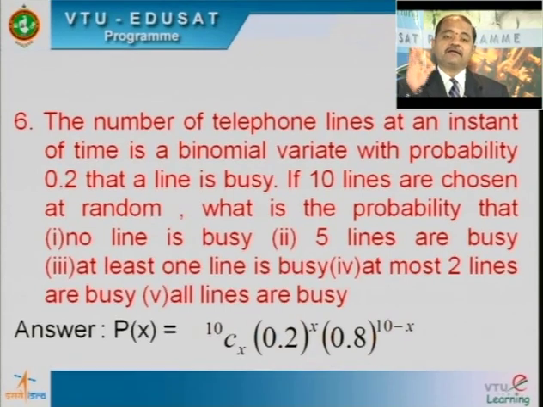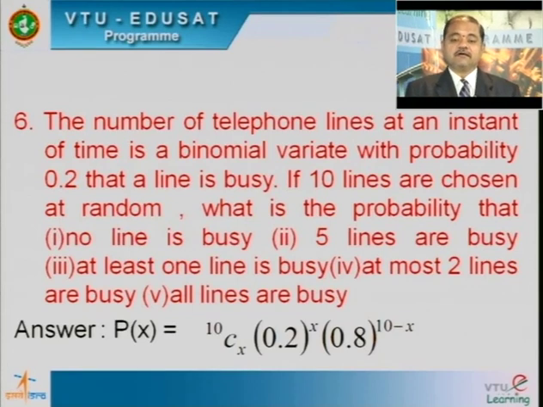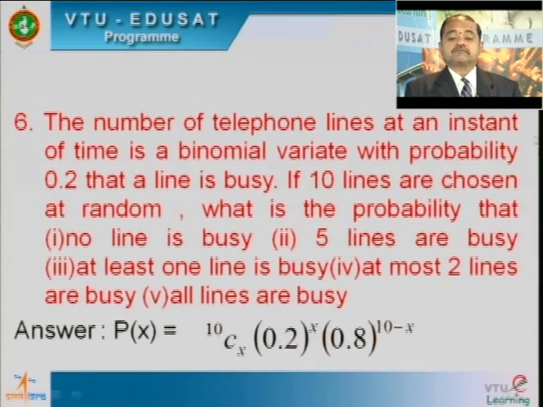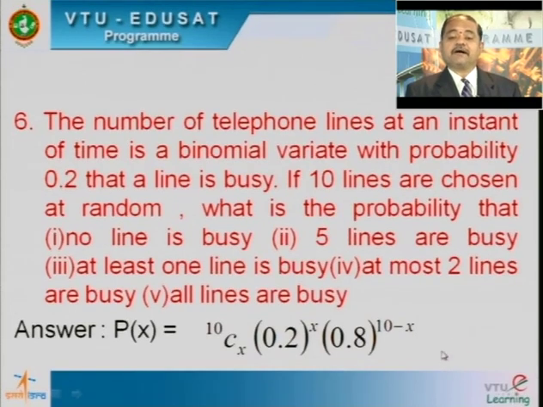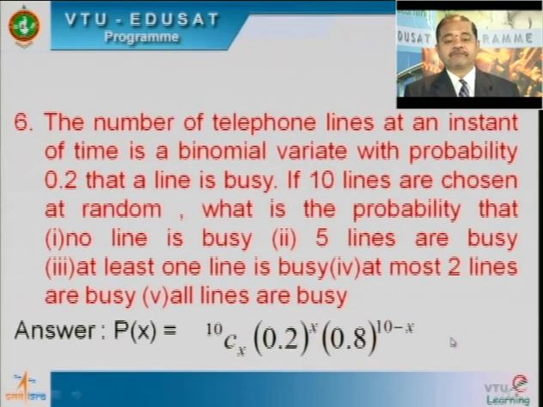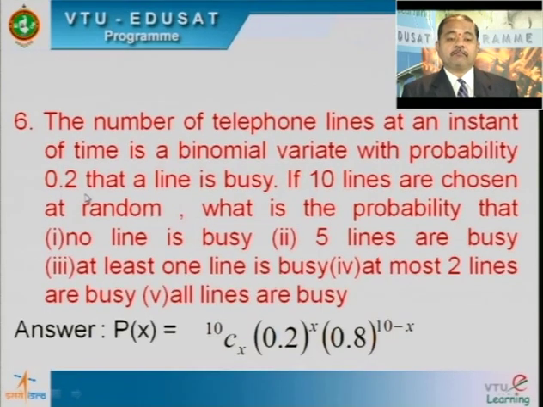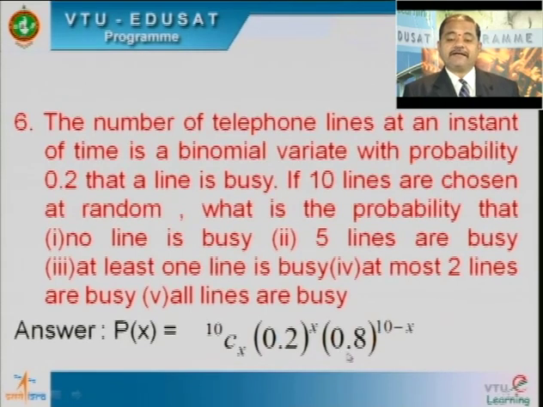Recollect the idea. The binomial distribution probability density function is given as P of x is equal to nCx p power x q power n minus x, where q is nothing but 1 minus p. Now in this problem the probability given is 0.2, that is my p value. q is 1 minus p, therefore it will become 0.8.